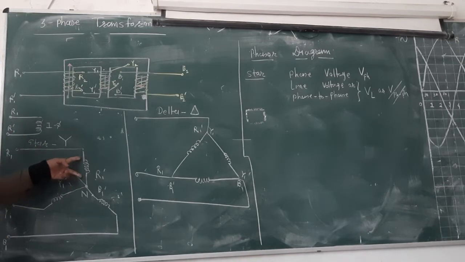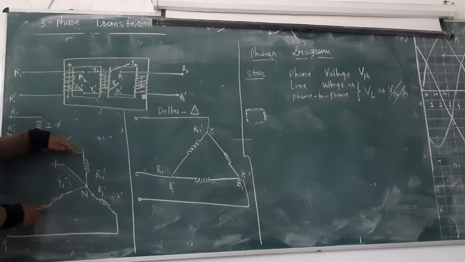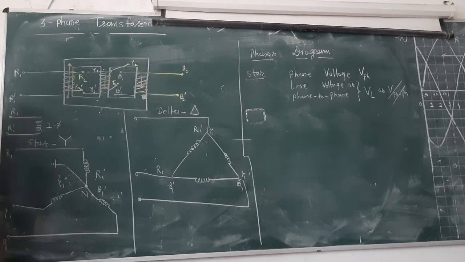If I ask what is the line voltage between R and Y, then you need to consider this voltage, because those two voltages ultimately go in this way. At that time it will not go through the neutral, it will go this way, because this is the source and the other portion will be the sink. Alright, so this is the phase voltage and line voltage.